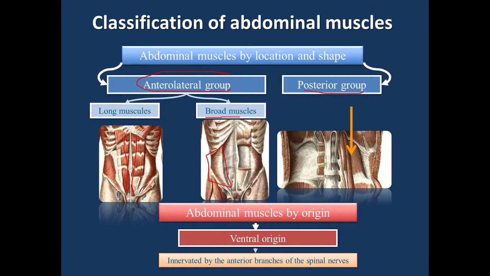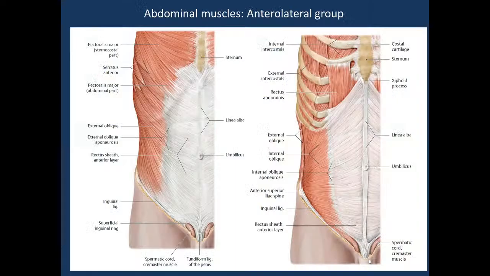And the posterior group of the abdominal muscles is only one muscle, located between the 12th rib and the iliac crest. By origin, all abdominal muscles develop from ventral myotomes, so they are innervated by anterior branches of spinal nerves.